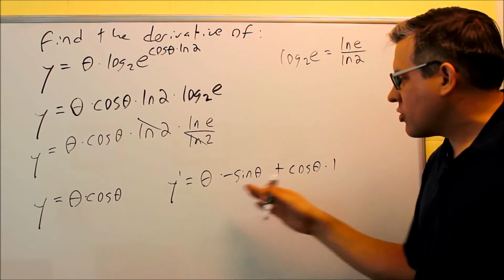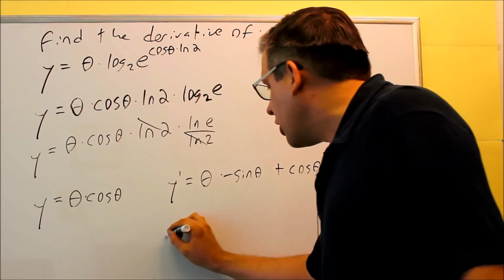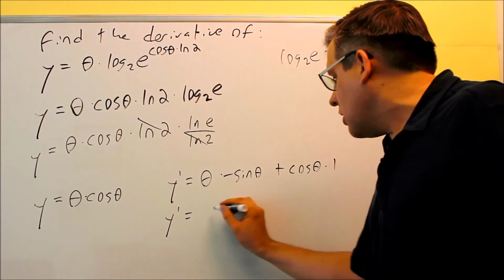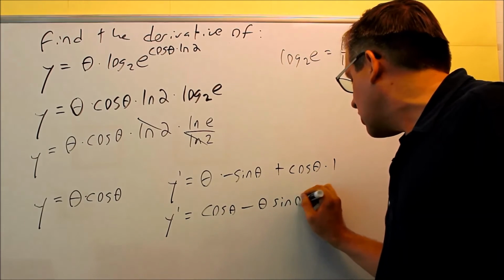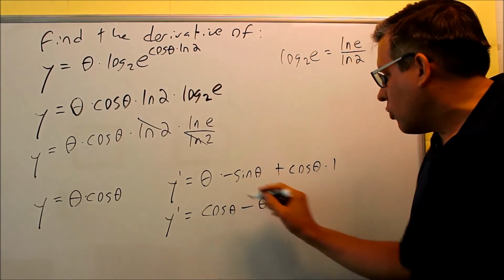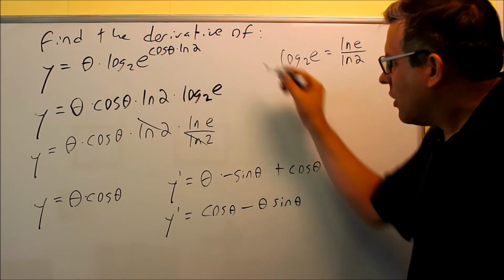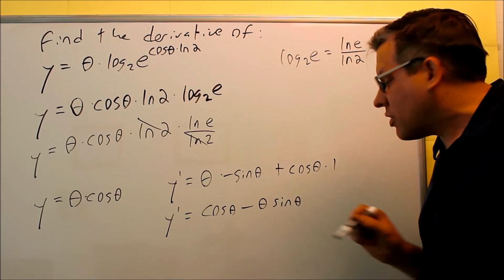Normal product rule, first times derivative of the second, plus the second times derivative of the first. We can do some simplifying on that, and it's going to be cosine theta minus theta sine theta, if you want to write it this way, as a minus, and then that's as far as we can go with our answer. So this looks complicated, but the actual answer is just this one down here, cosine theta minus theta sine theta.